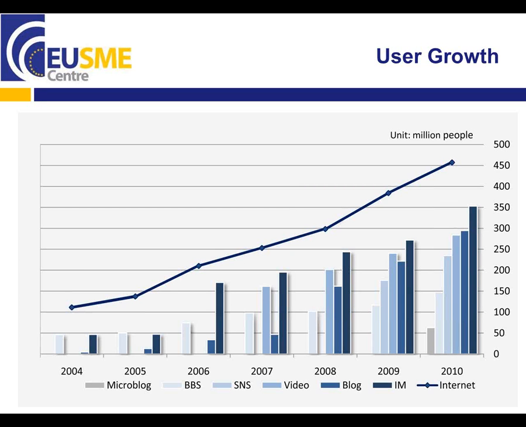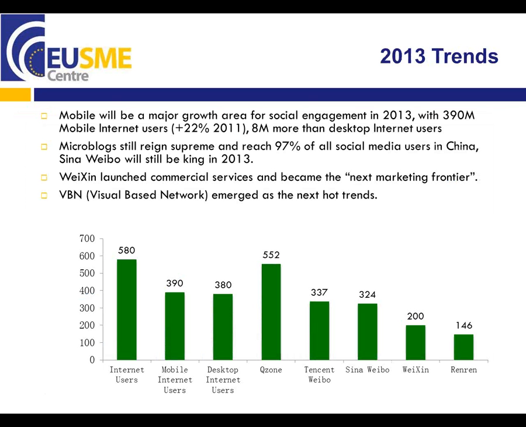But now, with the introduction of social media, and I'll come back to that later, we have social networking sites, video blogs, internet messaging, and regular internet that are different channels available on the Chinese internet.